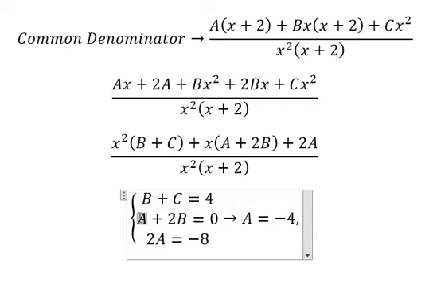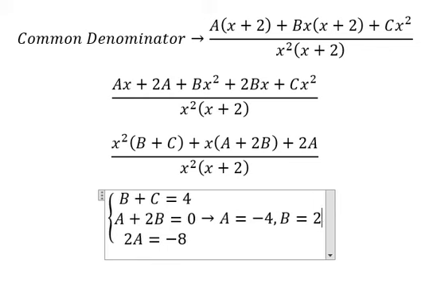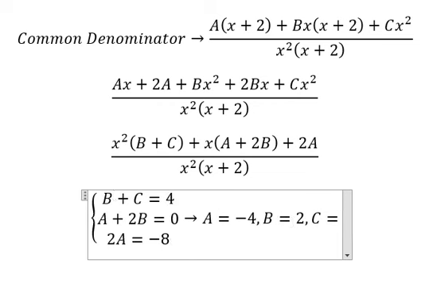We put negative 4 in here to find 2B, so B should be 2. About C, we have B equal to 2, so C should be 2 in here.